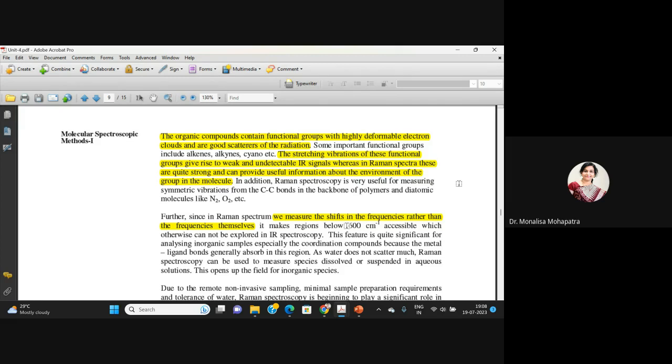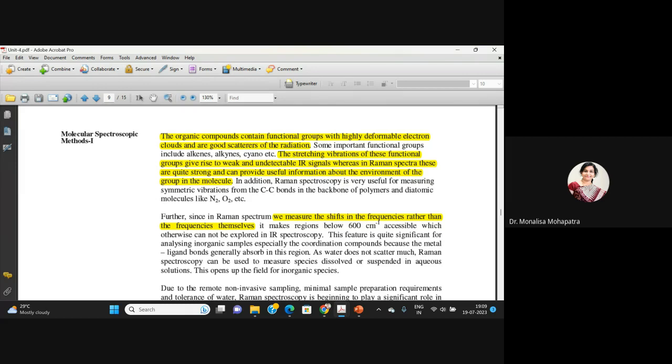So some important functional groups include alkene, alkyne, cyano, etc. Alkane has not been mentioned over here because electron cloud delocalization won't be much. The molecules will not show you a good polarizability, so they are not suitable for studying by Raman spectroscopy.